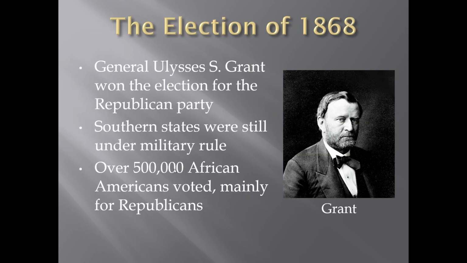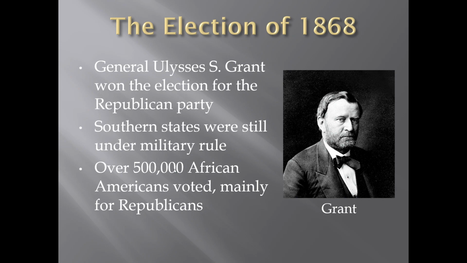And during the next presidential election, Ulysses S. Grant is going to be the leader for the Republican Party. He's a very good pick. He's a very famous Civil War general for the North, so he's going to appeal to a lot of voters. At this time, most of the southern states are still under military rule. They haven't met all the requirements yet to be independent and be a state back in the Union.